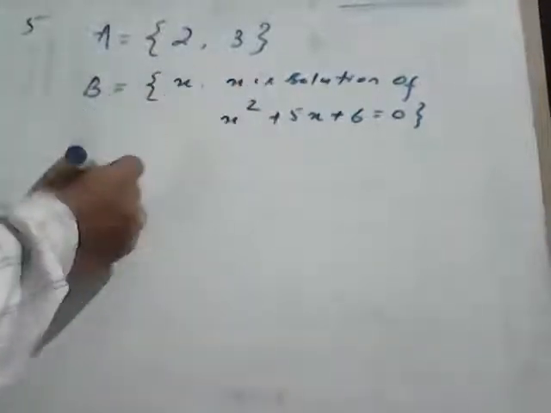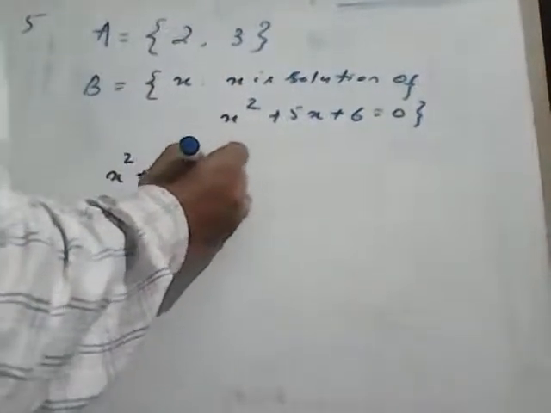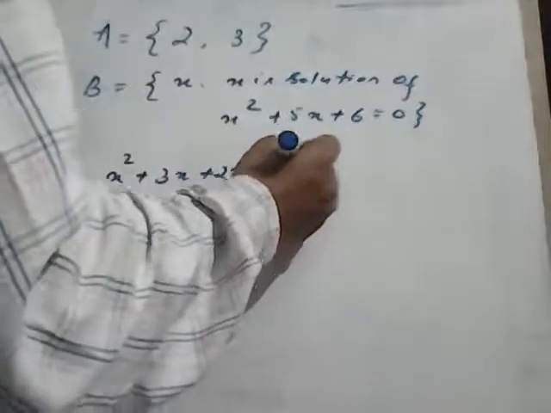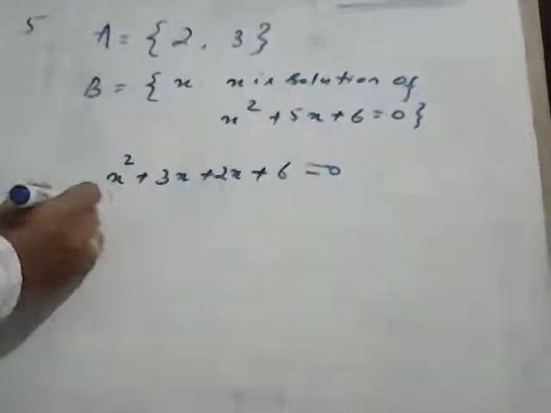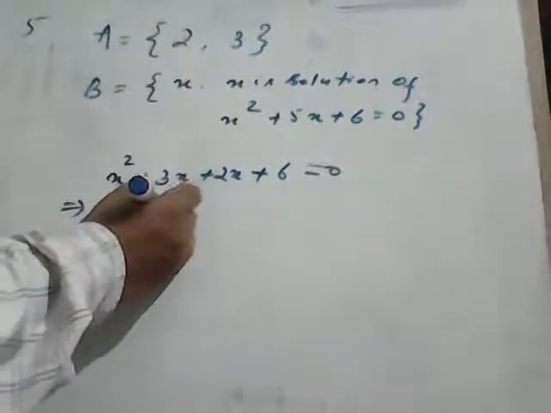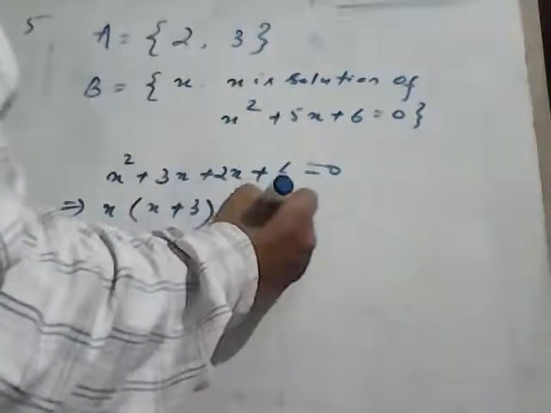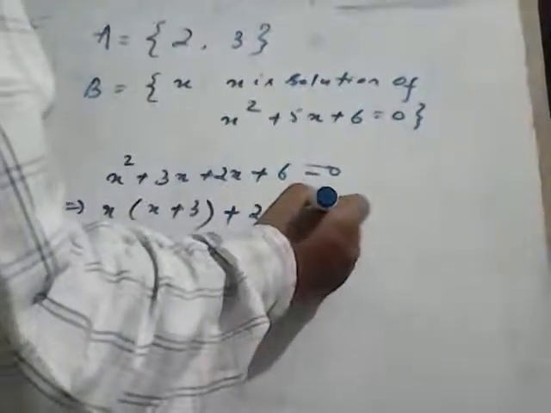If we solve this equation, it is x square plus 3x plus 2x plus 6 equal to 0. Then factorize by splitting the middle term: taking x common, x plus 3; taking 2 common, the remaining is x plus 3.